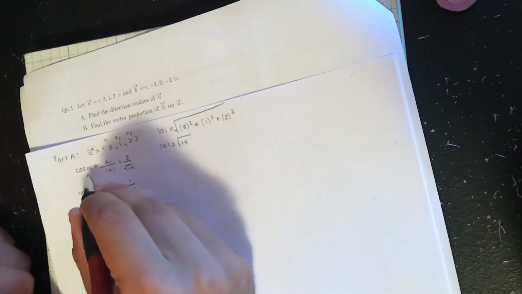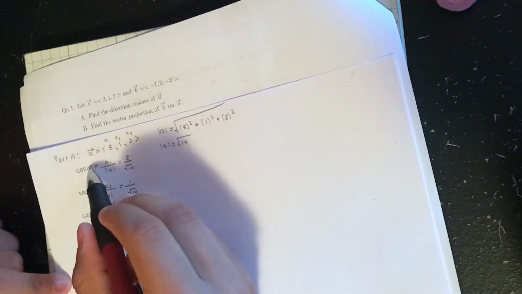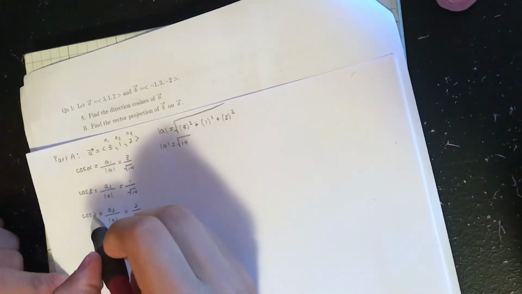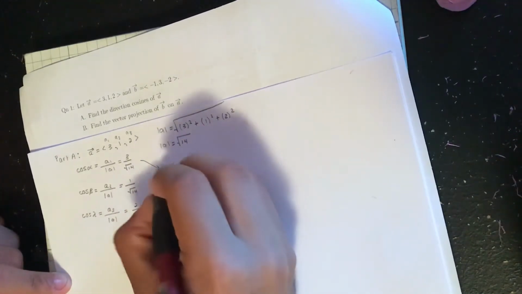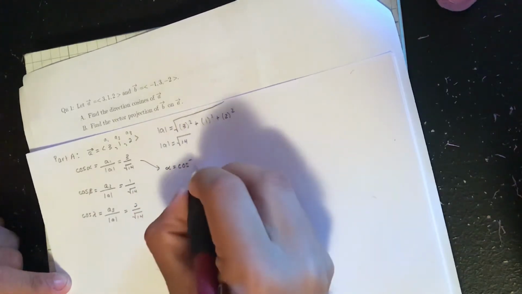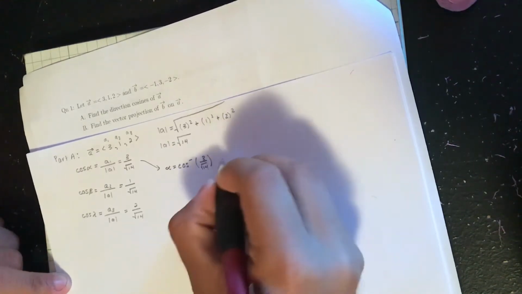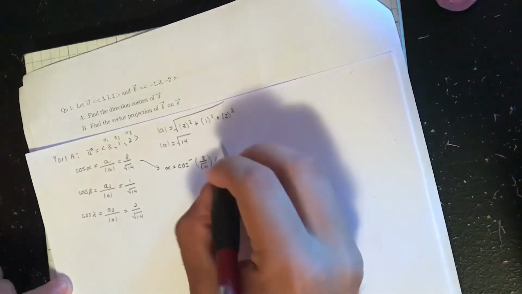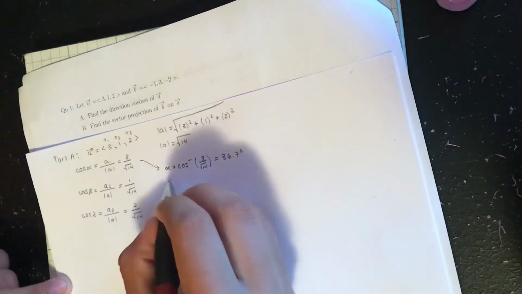To find each direction cosine, we have to do the inverse cosine to get rid of the cosine on the left side and leave the alpha, the beta, and the lambda symbols by themselves. So then we have alpha equals the inverse cosine of 3 over the square root of 14, which gives us 36.7 degrees.